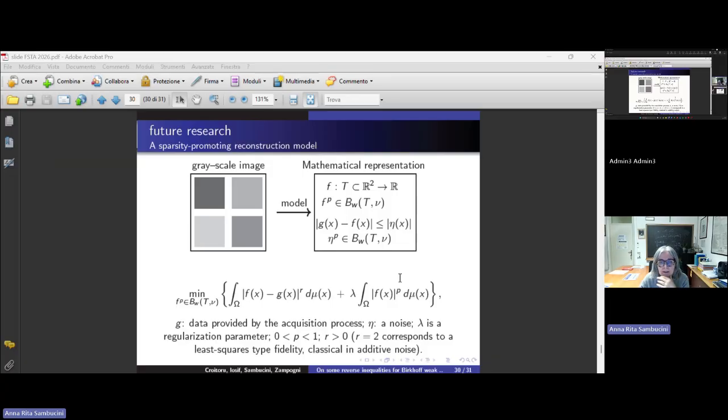So we want to find a result of this type in order to balance the first addend, which is a sort of regularization, fidelity term, and the second, which is a sparsity term.